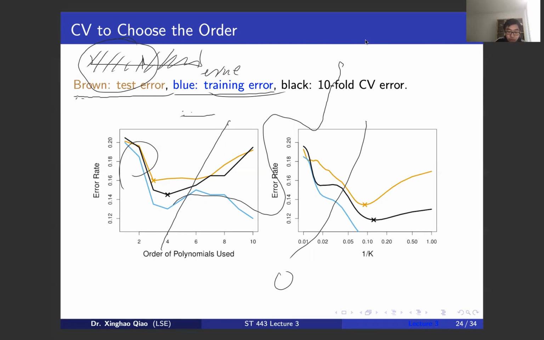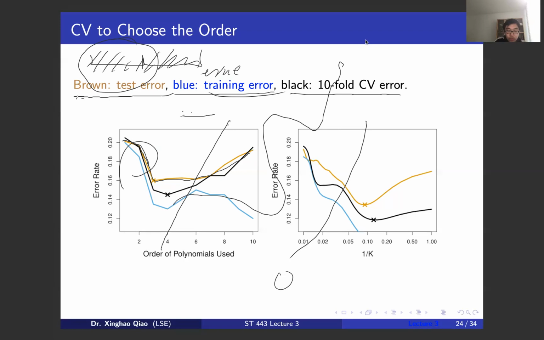In terms of the true test error, it is U-shaped. And if you're using 10-fold cross-validation to approximate the true test error, it's also U-shaped. So in terms of the pattern, quite similar. What about the optimum polynomial order?